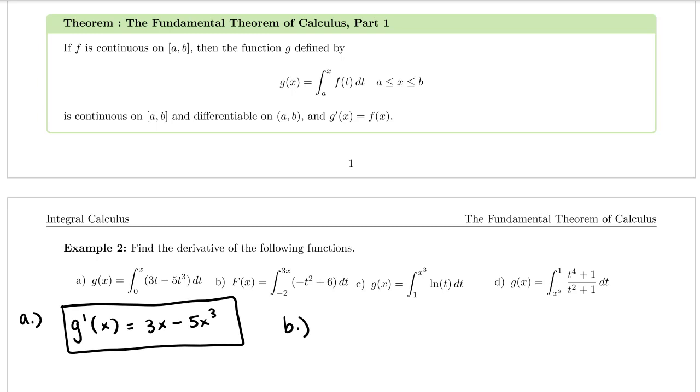What we're going to do is say let u equal 3x. And if we do that, this arrow means implies, so this implies that the derivative du dx is equal to 3.